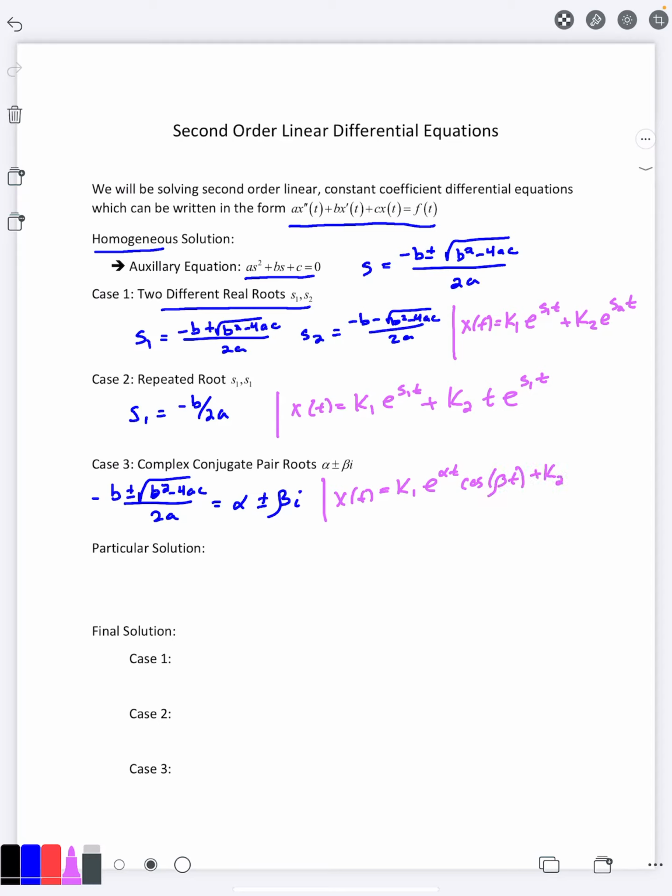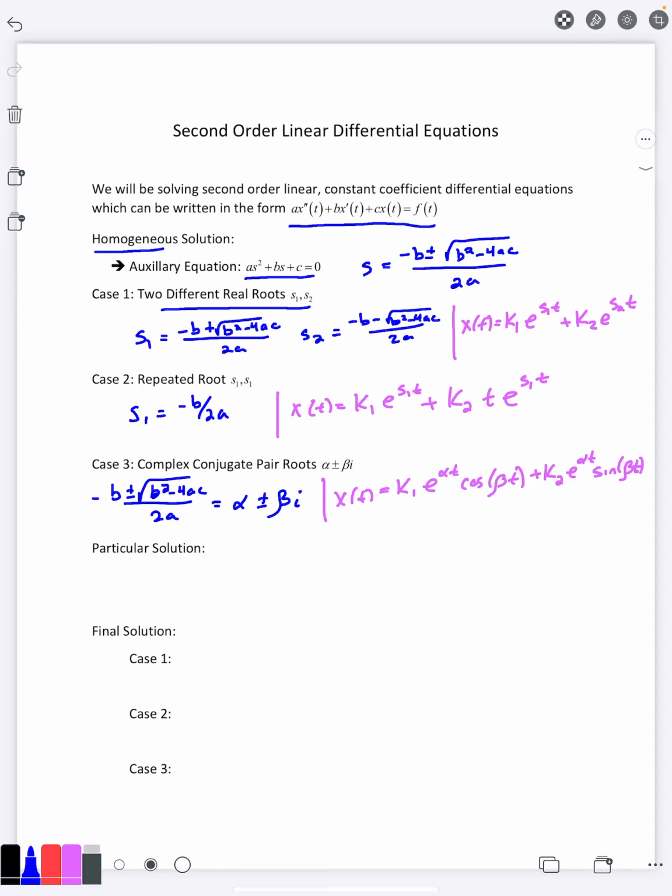And then for your k2 term, you have the same e to the alpha t, but this time you get sine of beta t. So the three situations are: if you have two different roots, you have two different exponential terms. If you have a repeated root, you have an exponential term and t times an exponential term. And if you have two complex roots, then you have one term with e and cosine and one term with e and sine.